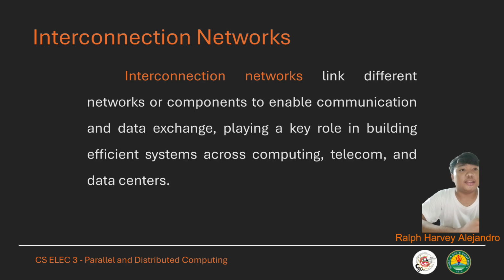Next is interconnection networks. These are systems that link various networks or network components together, enabling communication and data exchange between them. They are crucial for creating larger, more efficient network systems and are found in diverse applications like computer systems, telecommunications, and data centers.